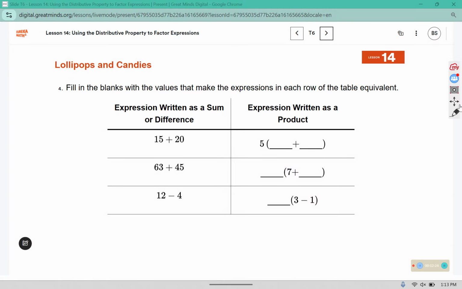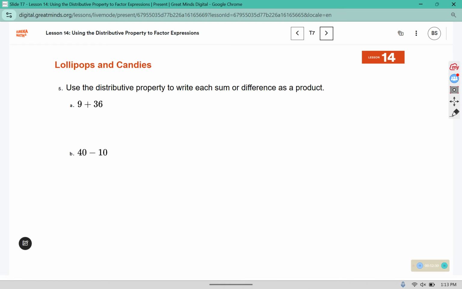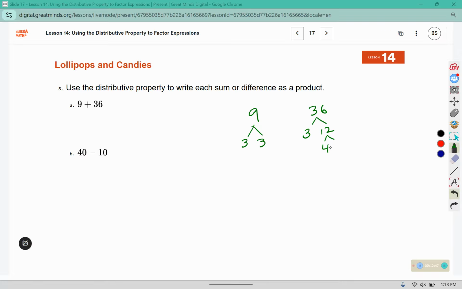Use the distributive property to write each sum or difference as a product. Well, I know that 9 and 36 have some common factors. That would be 3 times 3. 36 is 3 times 12. 4 times 3 makes 12, and 2 times 2 makes 4.